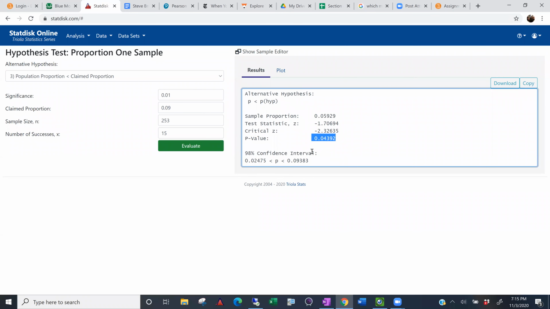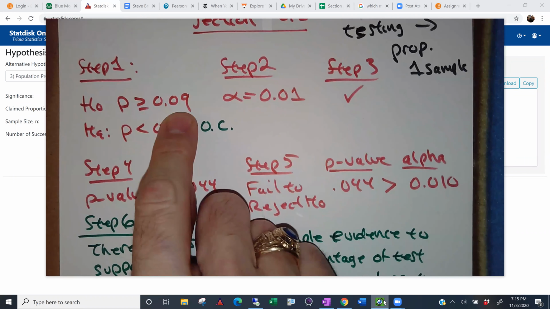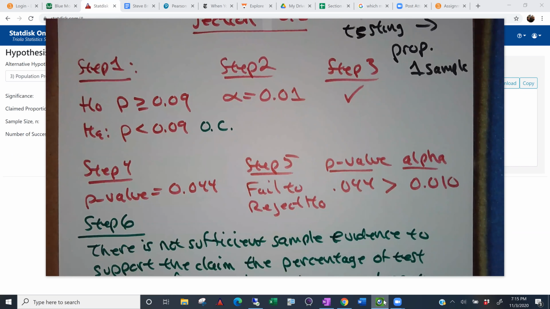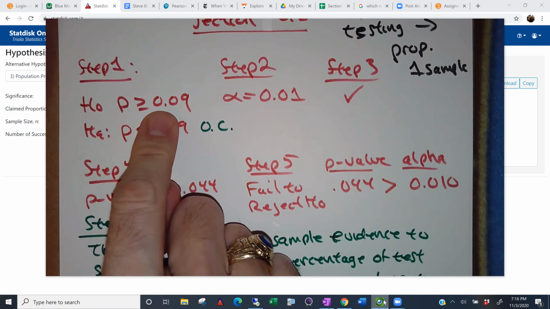A different way you can do your hypothesis test is to look at the confidence interval. So the confidence interval in this case is from 0.024 to 0.093. Does that confidence interval contain this value? Does it contain 9%? Let's take a look back.